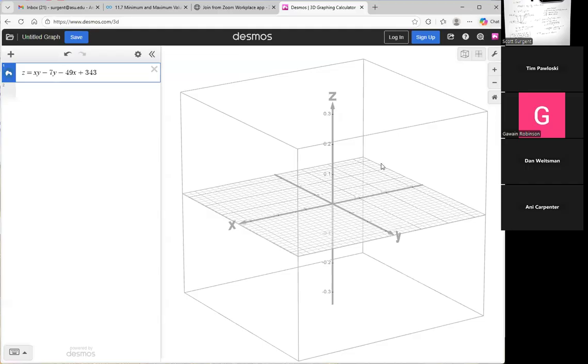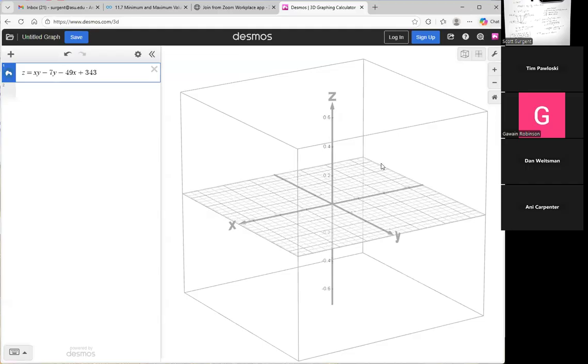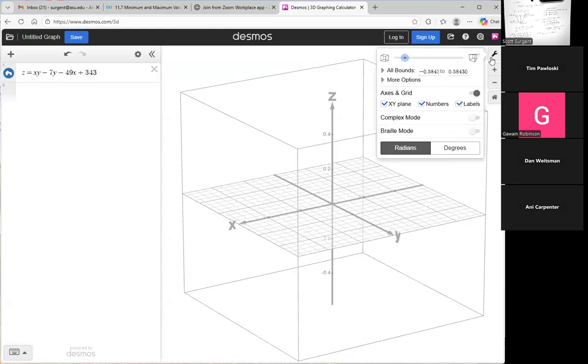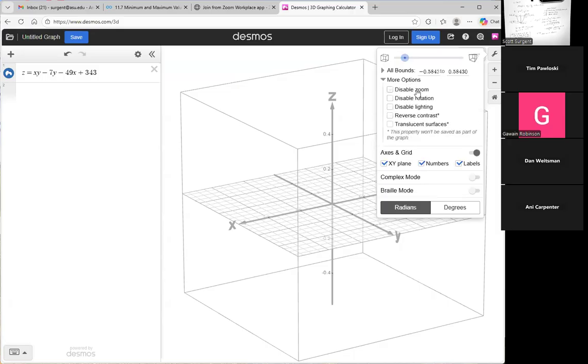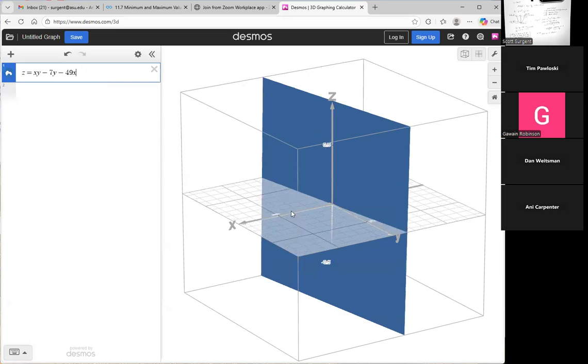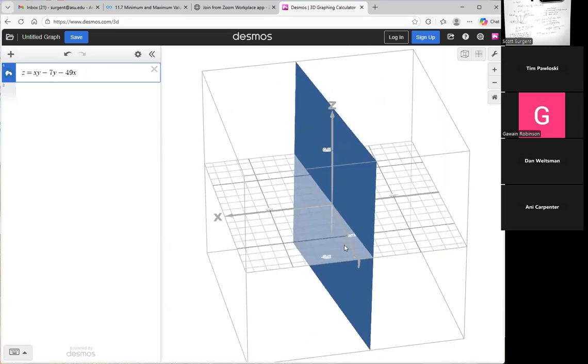The problem there is that my z is way up there. Maybe I'll take off the 343 for the moment. No, that's not going to do it.